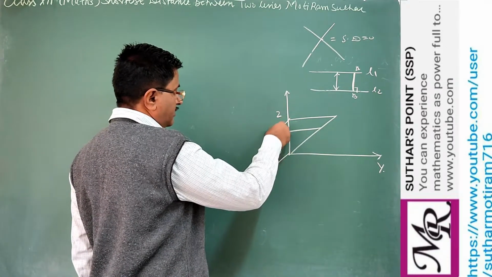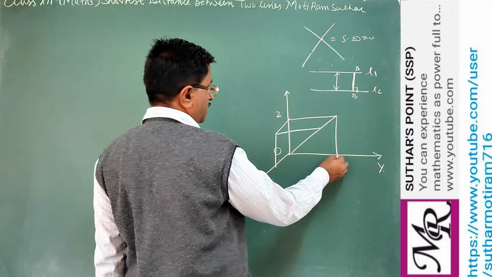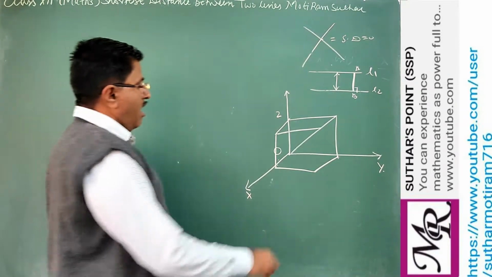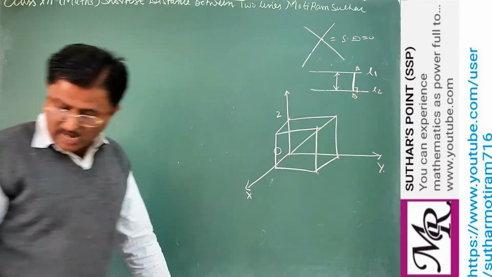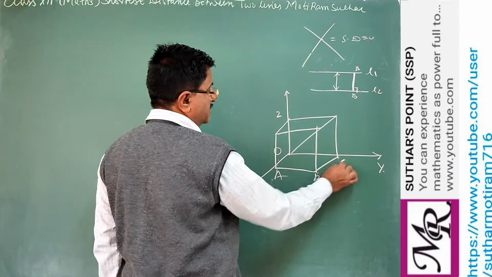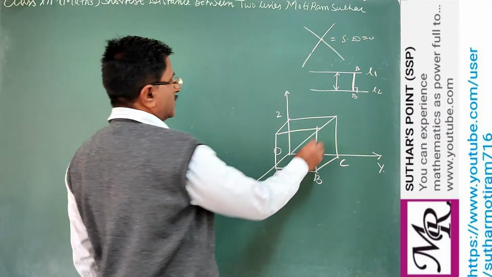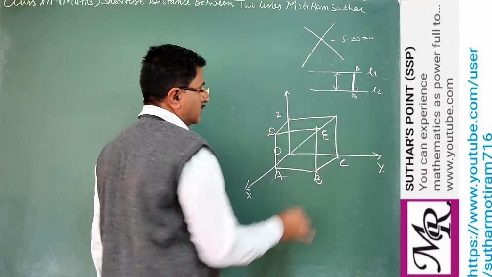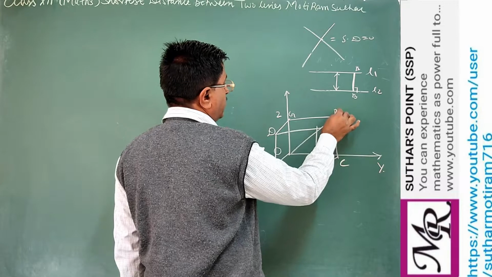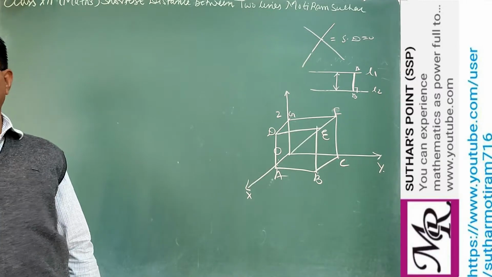If you draw the figure and mark the points as A, B, C. This is A, B, C. O already given, E, D. This is E, D. G, F. This is a parallelepiped, or you can say any cuboid in three-dimensional space.